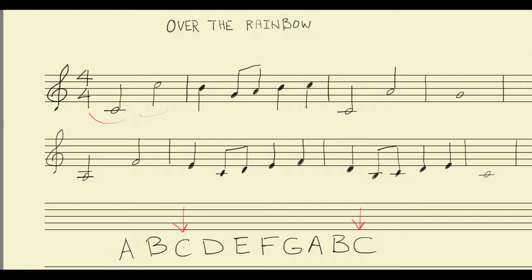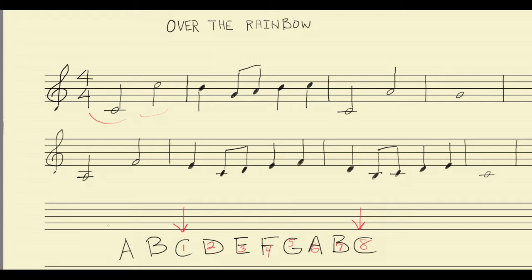And what I'm going to do is count up the letter names from the bottom to the top. So C is 1, D is 2, E is 3, F is 4, G is 5, A is 6, B is 7, and C is 8.